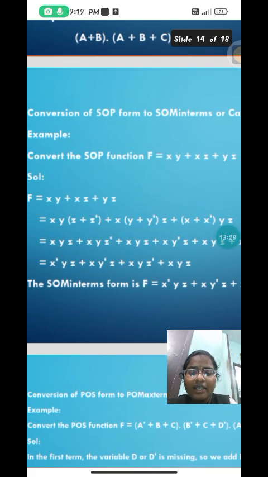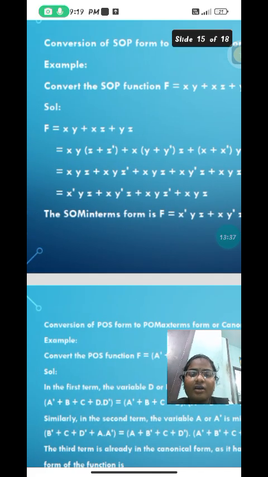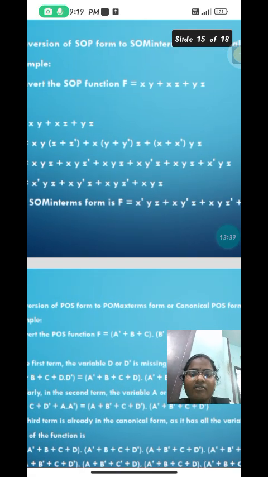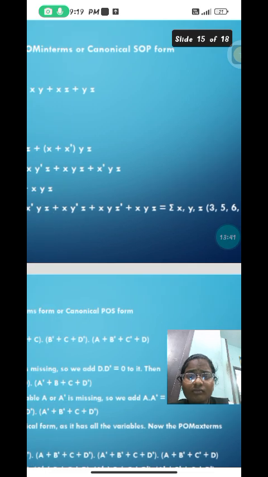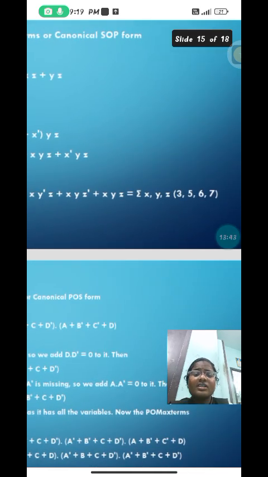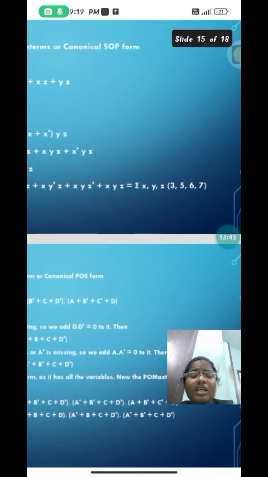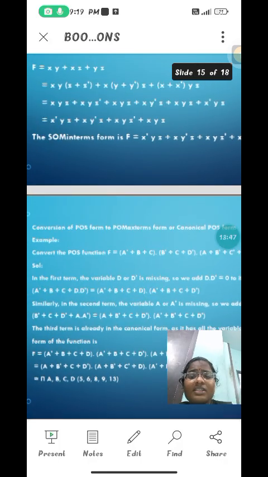In this way we take x plus z bar, y plus y bar, x plus x bar, and multiply them. See the minterms of SOP: 3, 5, 6, 7.